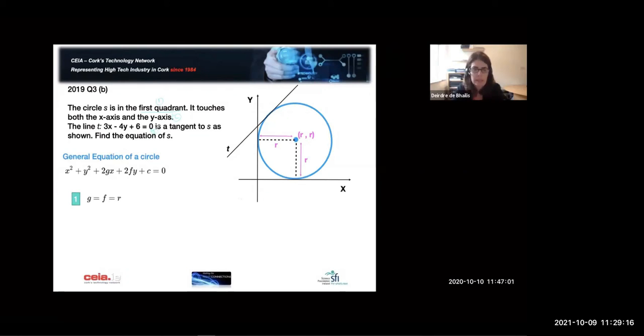So, piece of information one, we know that G equals F equals R. We can use the equation in the tables to substitute for G and F and replace it with R in the equation. And that gives us a nice tidy C is equal to R squared.